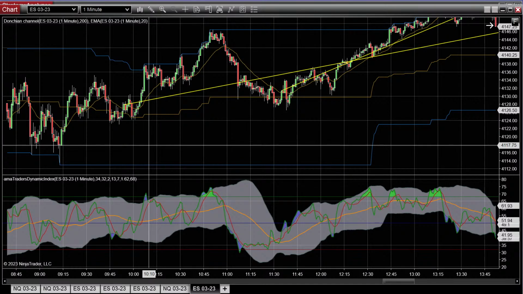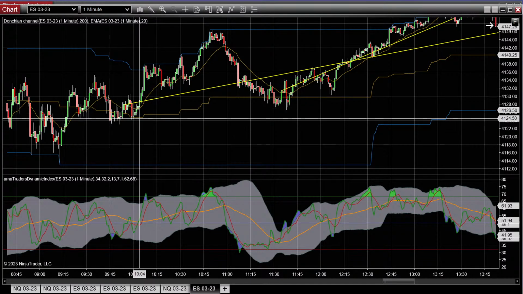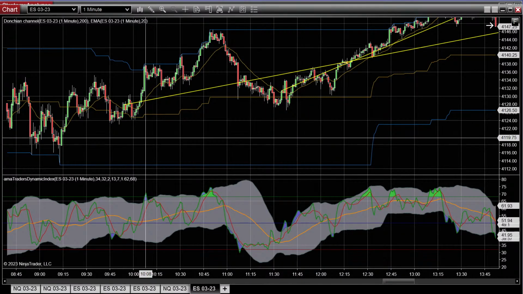What invalidates that market state? It's when the EMA crosses below the middle Donchian, right? Because now that market state no longer exists. So it's the same thing as before, just two conditions before the trigger instead of one.